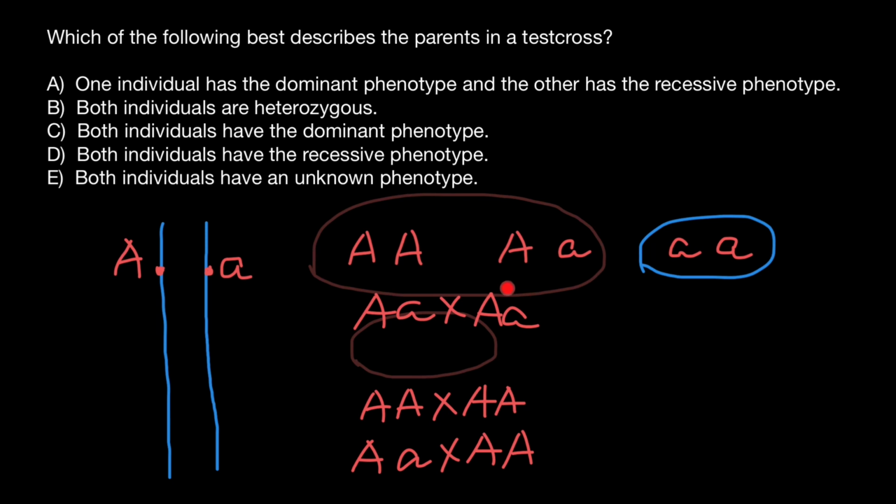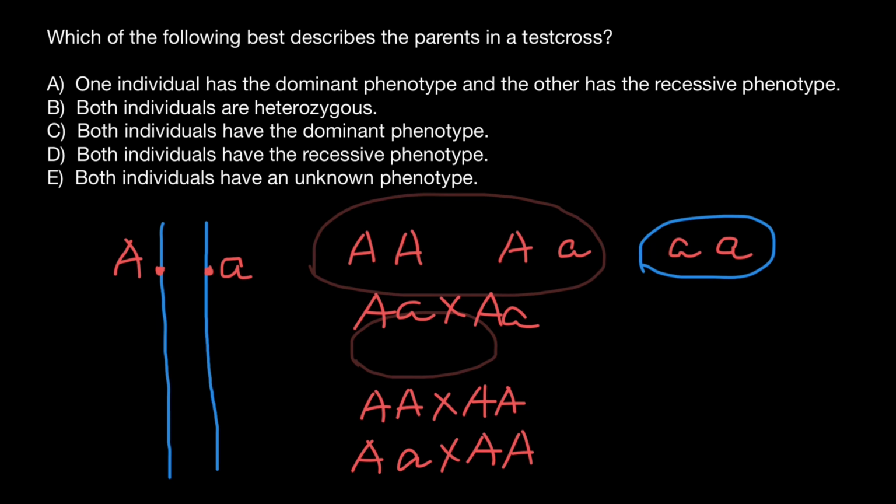But again, we only know the phenotype of the parents, but we don't know the genotype. So how can we be sure that parent 1 is heterozygous and parent 2 is also heterozygous? The only predictable way to tell the genotype of a parent of known phenotype would be to cross with a parent of also known phenotype.